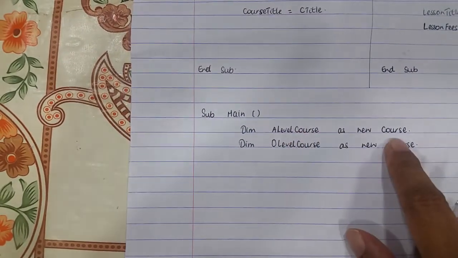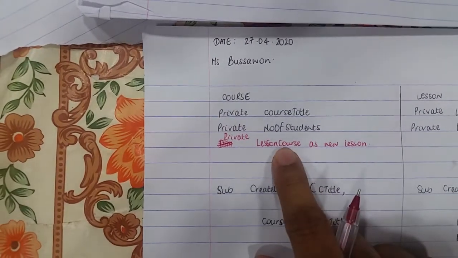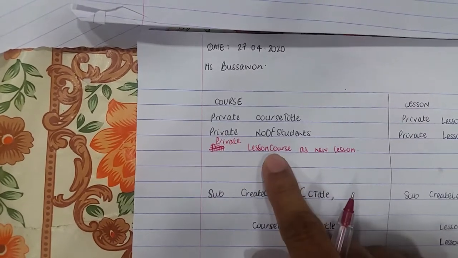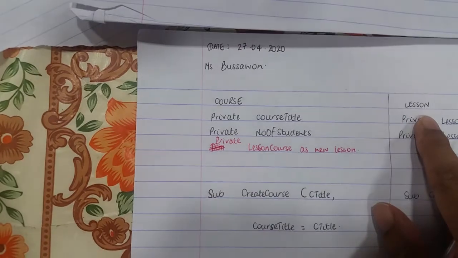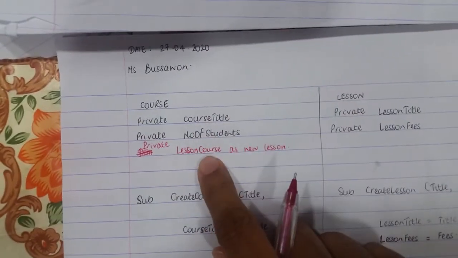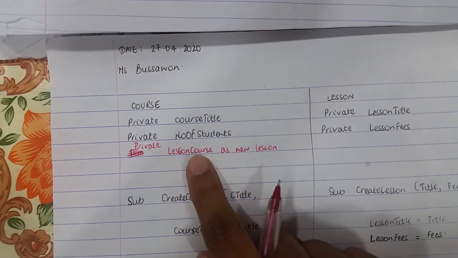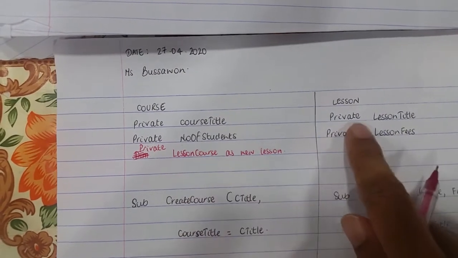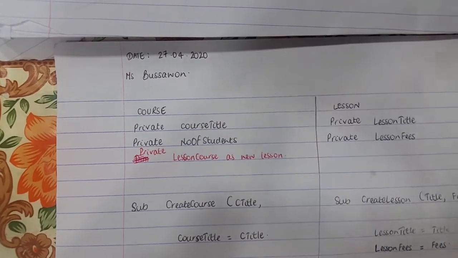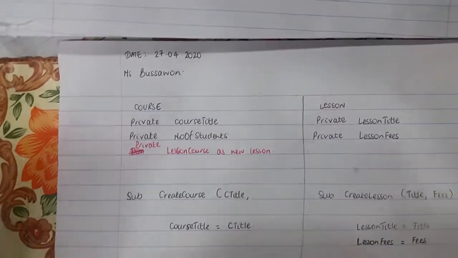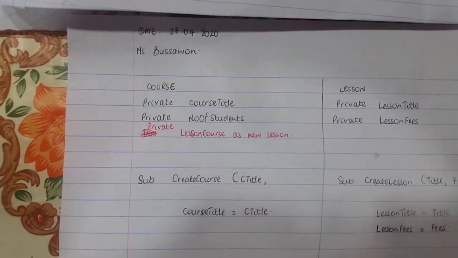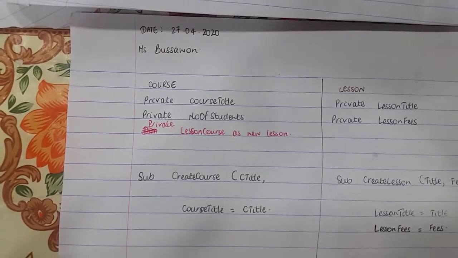A-level course is an object of course. So when you do aggregation, you create an object of the contained class. You make an object of lesson here, because in a course you have lesson. When you have access to a lesson course, you have access to all its attributes. It's almost the same as inheritance: you have access, but it is defined in another way, through an object.